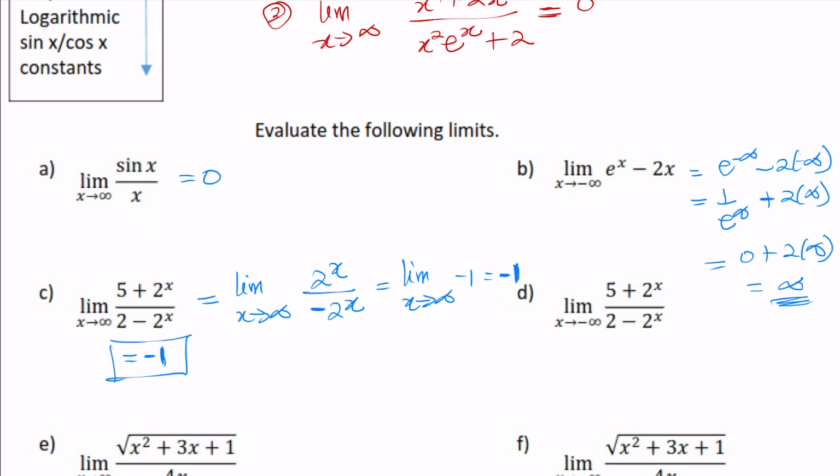Now let's look at a similar type of question, but you need to approach it carefully. Why? Because in this case, we are dealing with the limit as x approaches negative infinity.